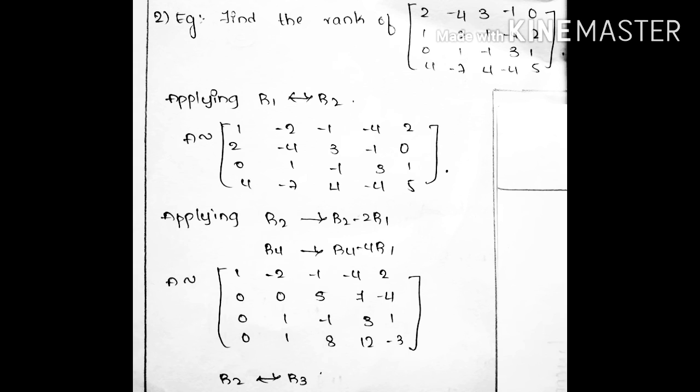And next applying R2 tends to R2 minus 2R1, R4 tends to R4 minus 4R1. Here I am not taking R3 because I already have the first element of R3 as 0. So I am taking only R2, R4 for making the first elements zeros.